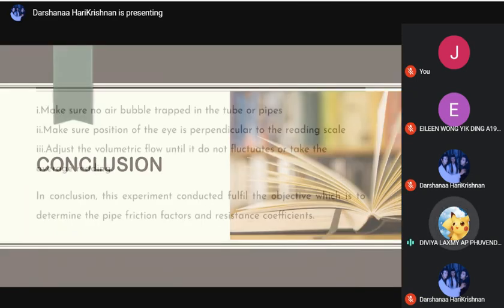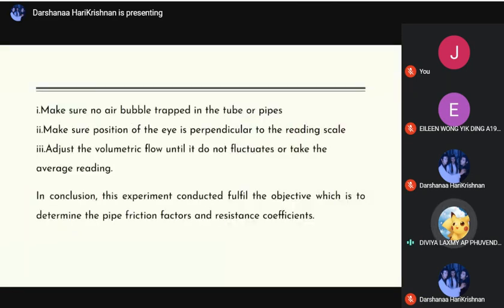As for the conclusion, this experiment conducted fulfilled the objective, which is to determine the pipe friction factor and resistance coefficient. As Jasmine said, there are 5 errors that we need to avoid to have a successful experiment, which are make sure no air bubble and the position of eyes perpendicular to the reading scale.